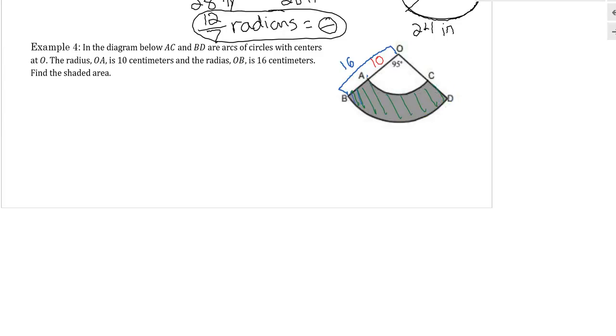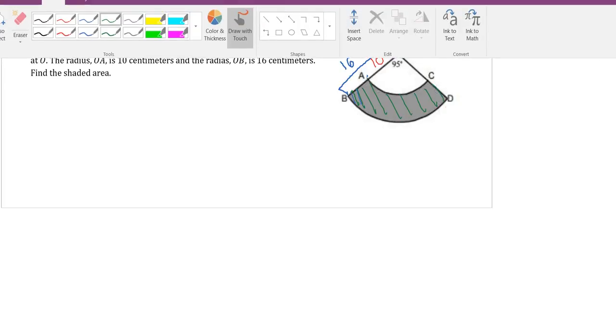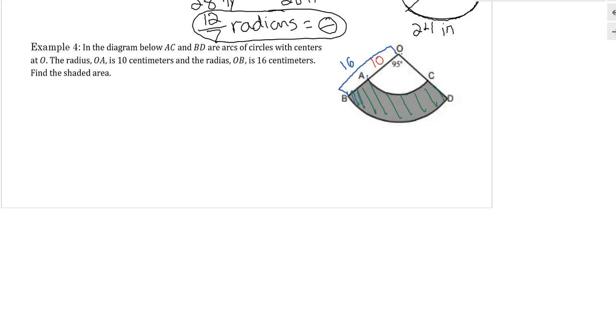A lot of times when you have a shaded area between two pieces, all I'm going to do is find this larger sector, which is this whole thing. I'm going to call it the big sector.